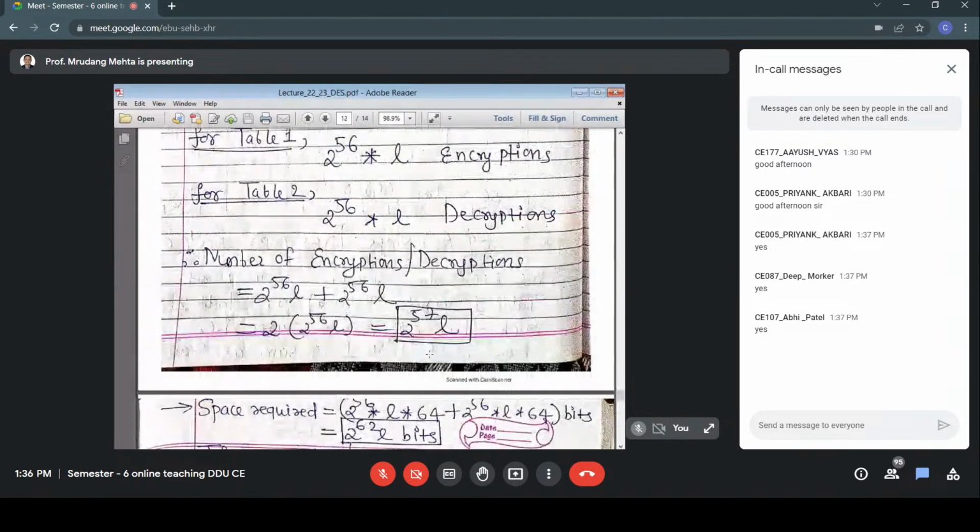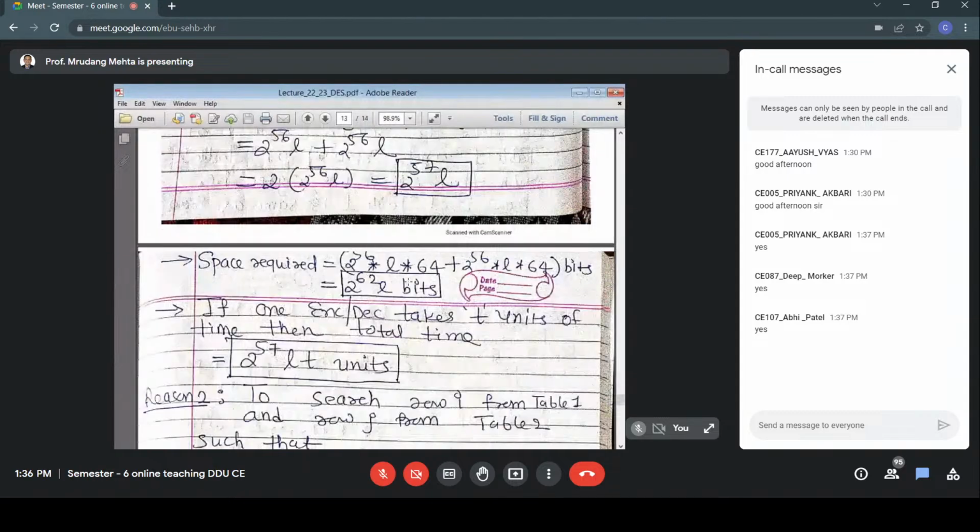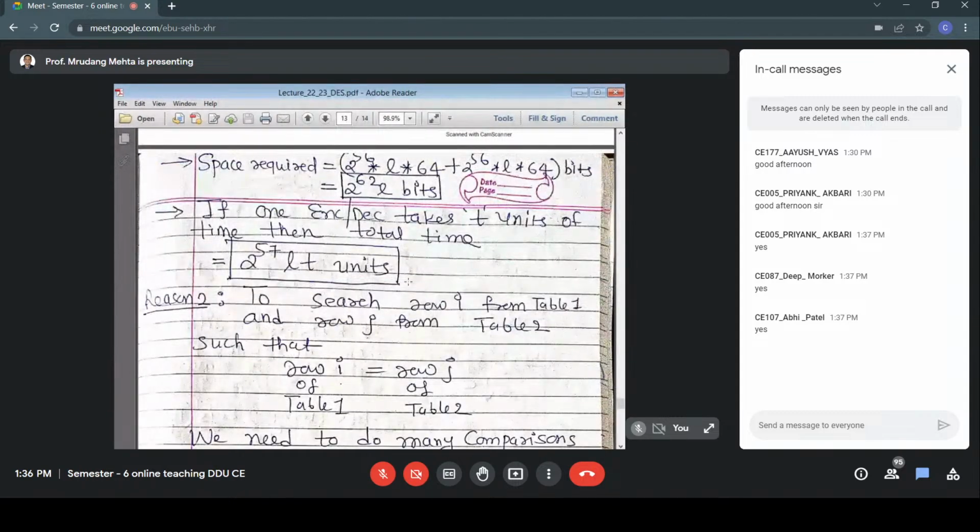Okay. This is the number of operations we need to do, and how much space is required? For the space requirement, we need to store a block of 64 bit. So 2 raised to 56 into L into 64 plus 2 raised to 56 into L into 64.